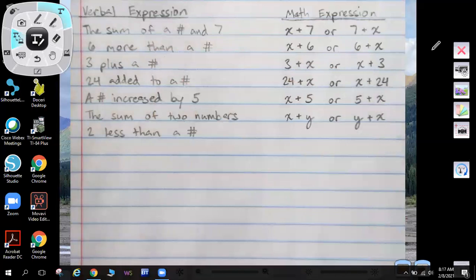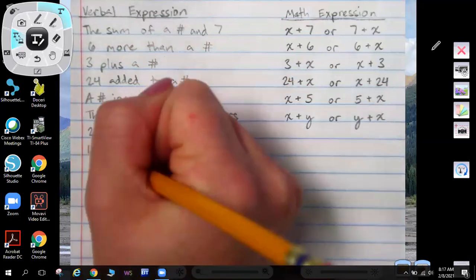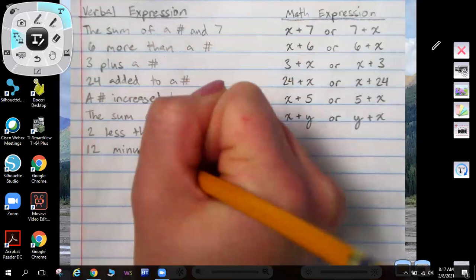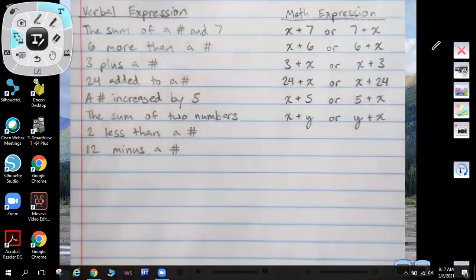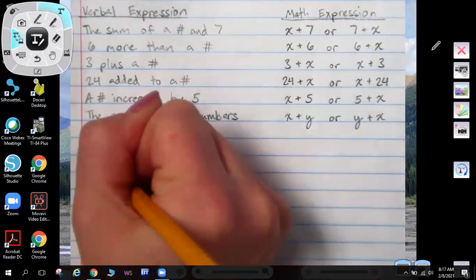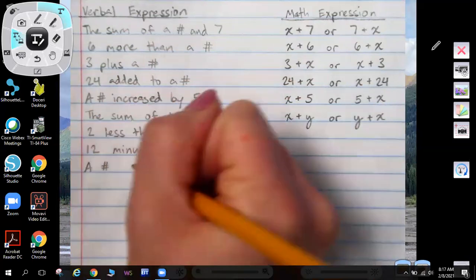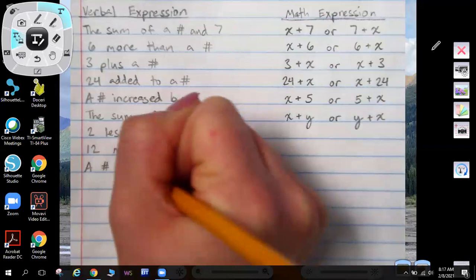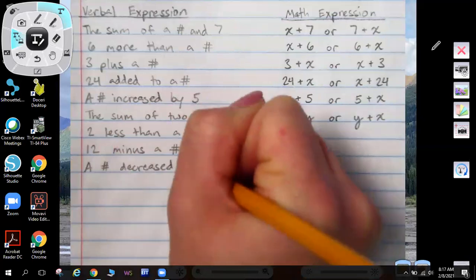The next one is 12 minus a number. A number decreased by 12.